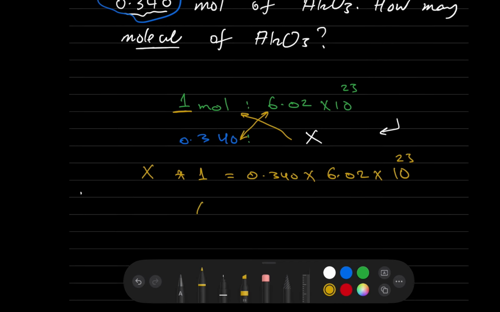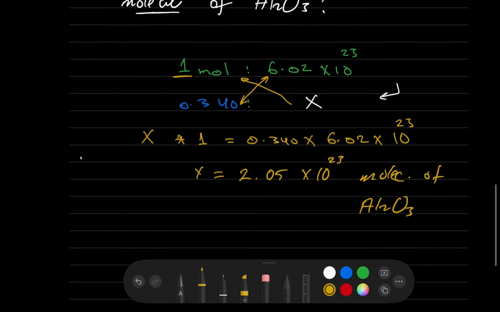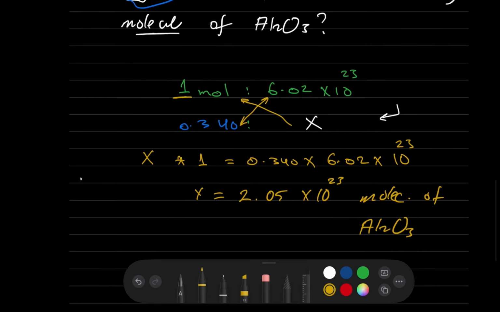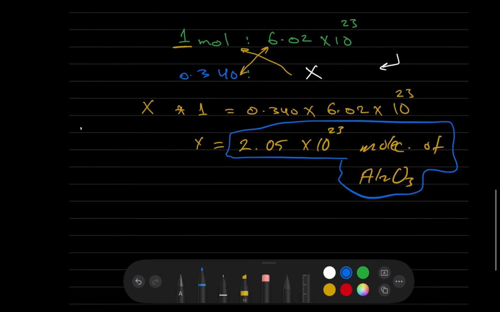And then the value of X is equal to 2.05 times 10 to the power 23 molecules of Al2O3. Now I calculated the number of molecules of Al2O3. I have this huge number of Al2O3.